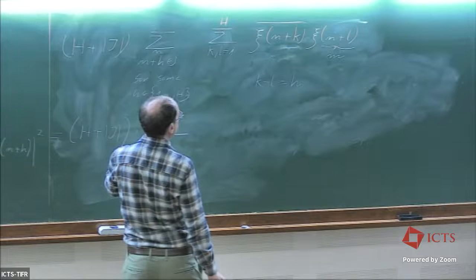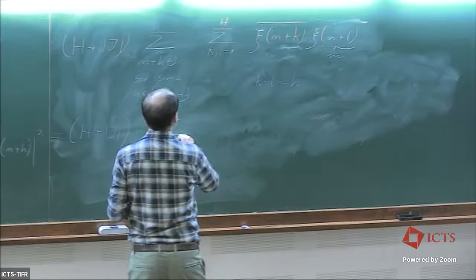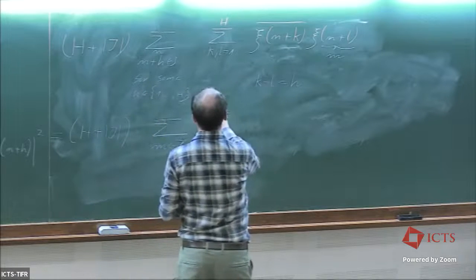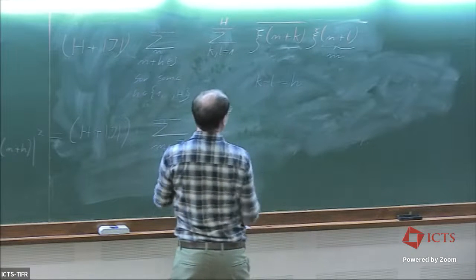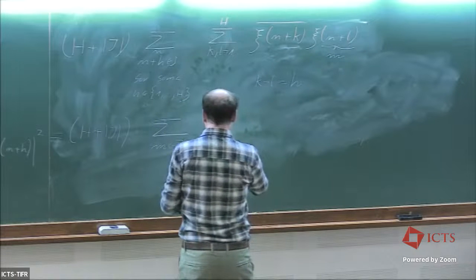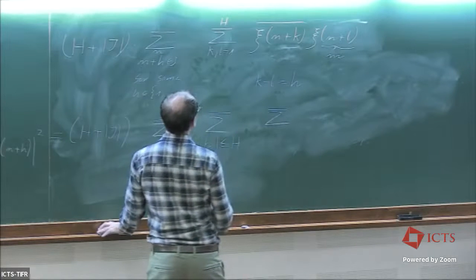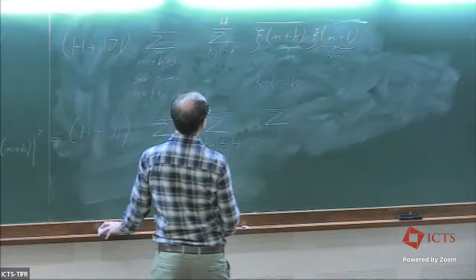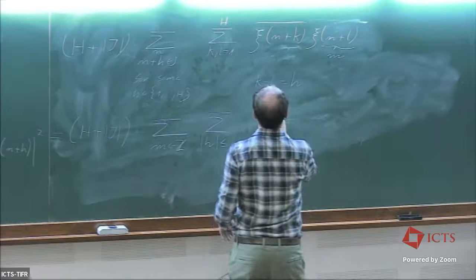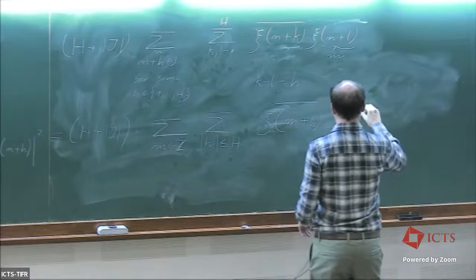Good, then what you get is H plus I times the sum over h in Z with modulus of h less or equal H, and the sum over m in Z of psi(m+h) times psi(m) bar.